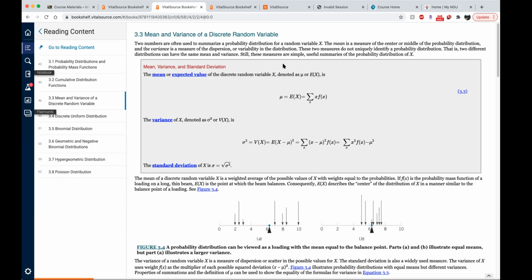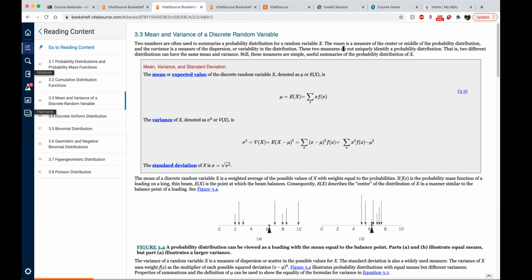These two measures do not uniquely identify a probability distribution. I think there are a whole bunch of different tools to measure the center of the data, and tools to measure the dispersion and variability. So it's not unique, and two different distributions can have the same mean and variance.